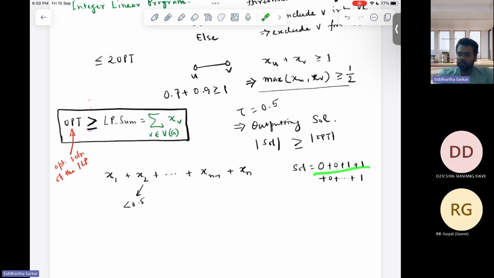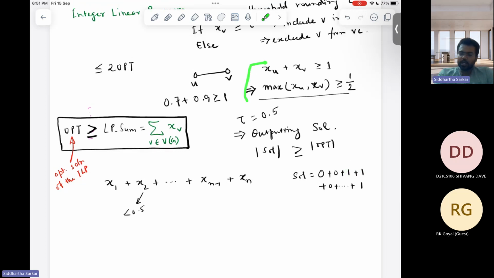So that's how we have got some variables set to 0 and some variables set to 1. And the variables which are set to 1, the corresponding vertices we have taken in the vertex cover, and we have established that the vertex cover we have obtained this way is indeed a feasible vertex cover. Okay. So now what is the sum that we will get?